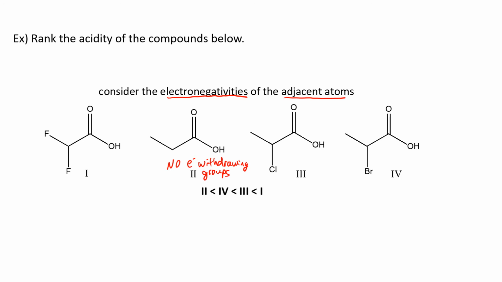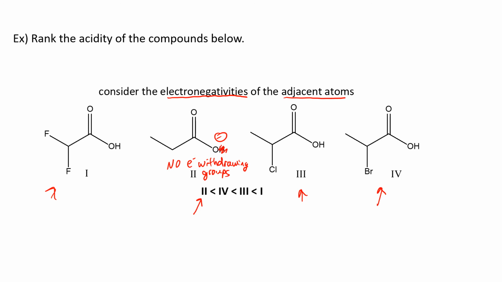There are no halogens attached. We see some halogens on compounds 1, 3, and 4. So it looks like compound 2 will be the least acidic because compound 2, when we deprotonate it, there are no inductive effects to stabilize that negative charge.